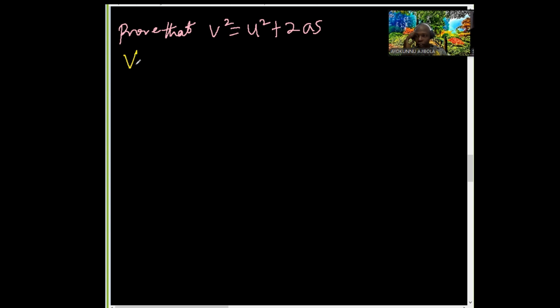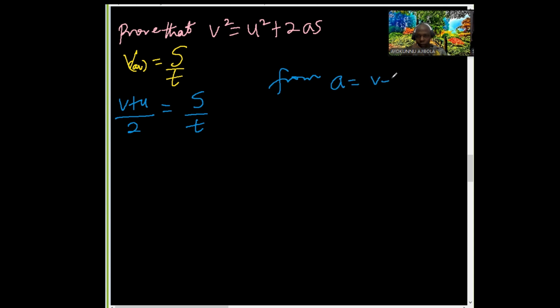So v average equals displacement over time. Now this v average is v plus u over 2, equals displacement over time. But from acceleration equals v minus u over t, then t equals v minus u over a.